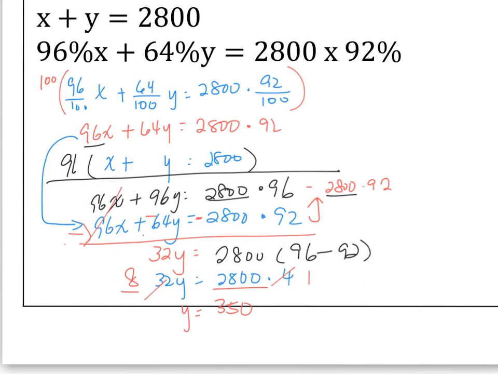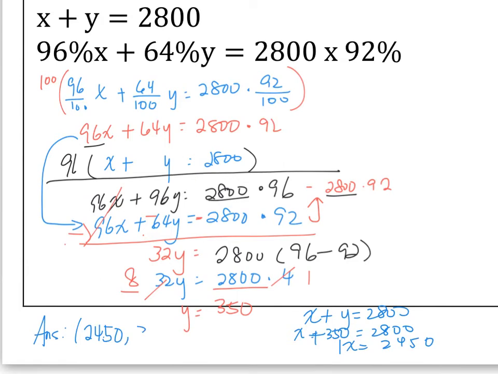And then for x, I can just take x plus y equal to 2800 and solve for x. And x would equal 2450. So my final answer would be 2450, 350.